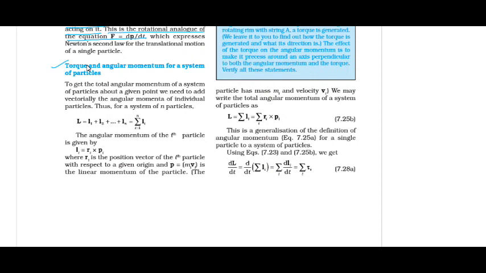The angular momentum of the ith particle is given by Li is equal to ri cross pi, where ri is the position vector of the ith particle with respect to the given origin, and pi is equal to mi vi is the linear momentum of the particle.